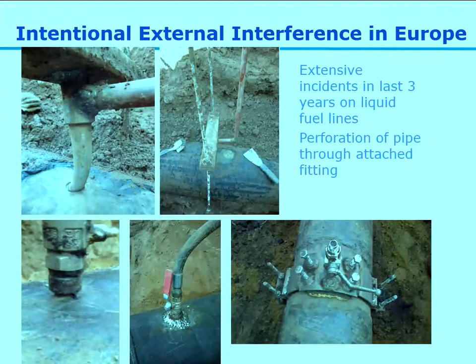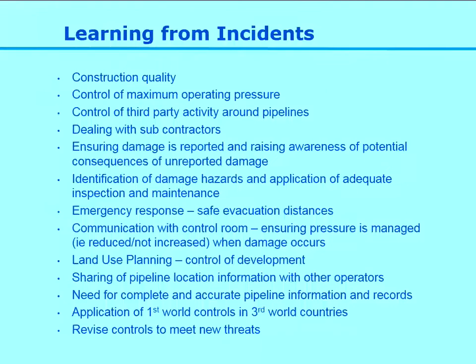There is a requirement to look at coming up with adequate controls and standards for intentional external interference. The issues that are being considered at the moment are location of the pipeline. Do you need to put different controls on locations which are likely to be targeted for intentional external interference?